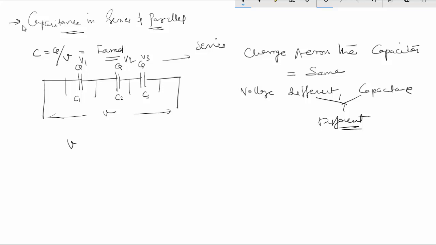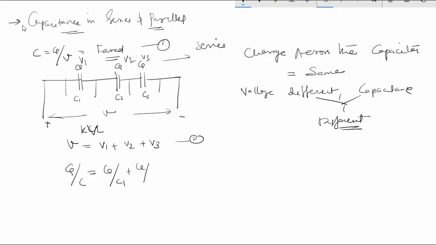If we see the total voltage by applying KVL, with a positive terminal and a negative terminal, V will be equal to the summation of the voltages V1 plus V2 plus V3, and V can be given by Q by C. This is the first equation, and the second is Q by C1 plus Q by C2 plus Q by C3.